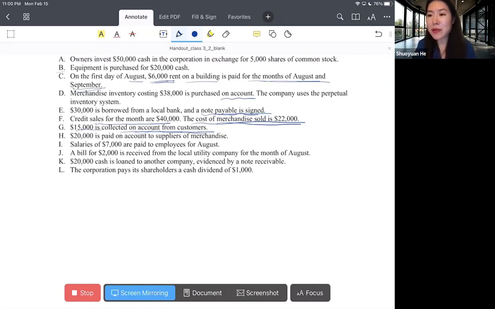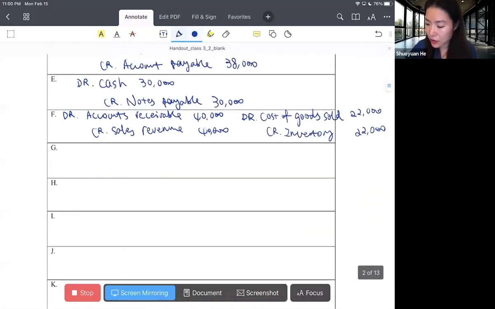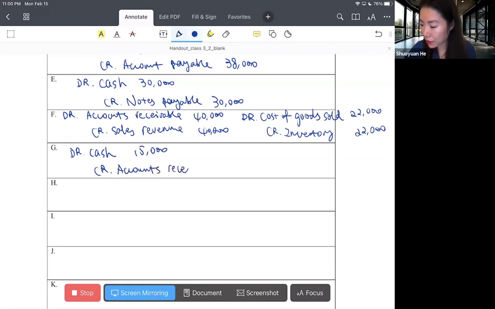And now the customer is paying the firm. So accounts receivable goes down by 15,000. So debit cash 15,000 and credit accounts receivable for 15,000.